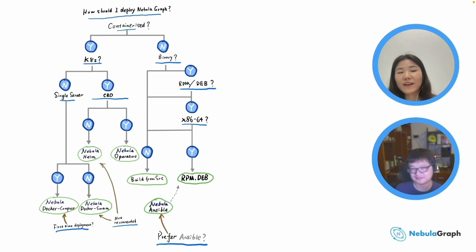Okay, understand. So I also have another question. What operating systems do we support now? And how about running NebulaGraph on Windows or Mac OS? Good question, Lisa. Technically, NebulaGraph was only implemented based on the assumption of a Linux operating system, in various distros.